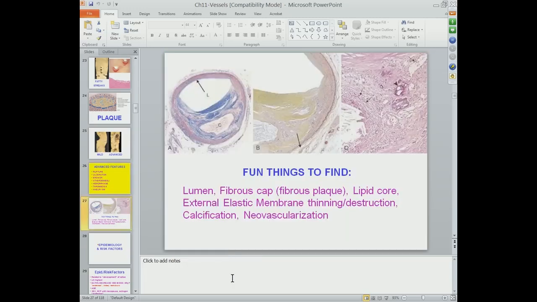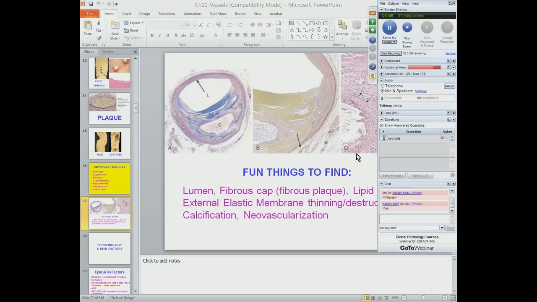This is not from any of our lab cases. These are actually pictures I Googled. But here's a trichrome stain. Let's say that this part of the arterial wall is the relatively normal part. You can see here's a big plaque. And here, I'm going to ask you a really nice question. I know you're all going to be close to getting the right answer.